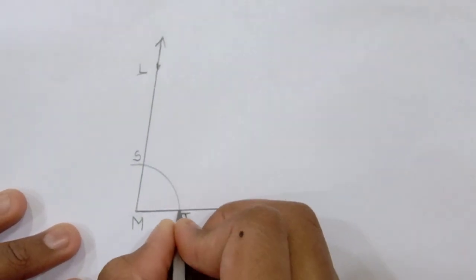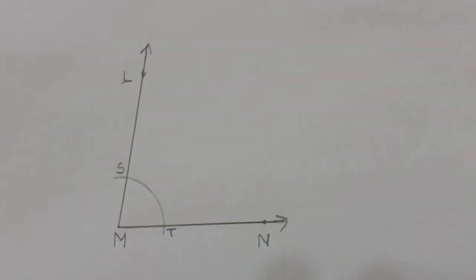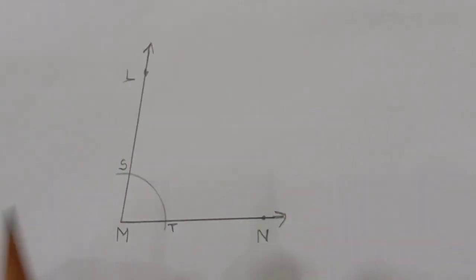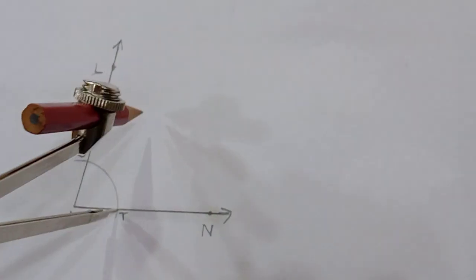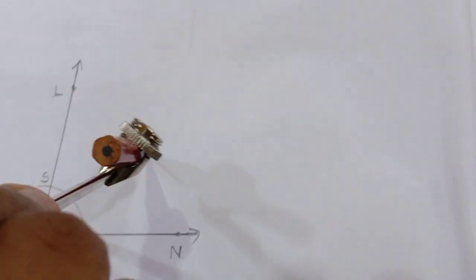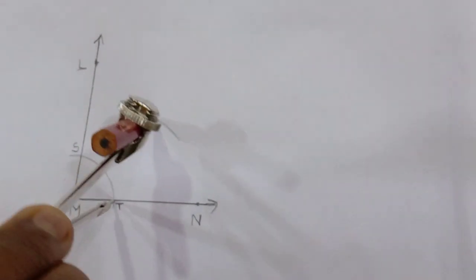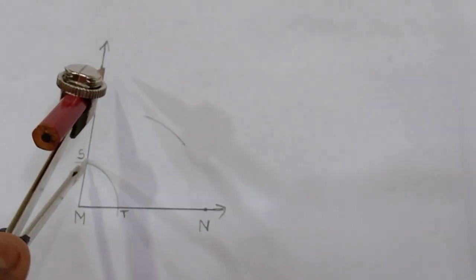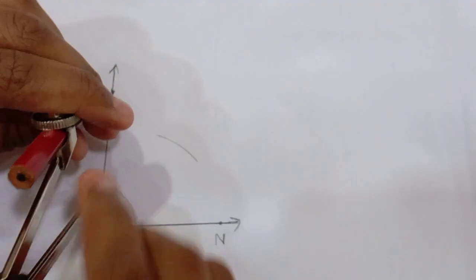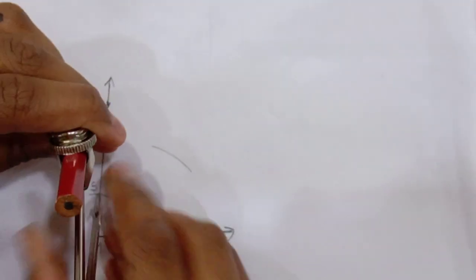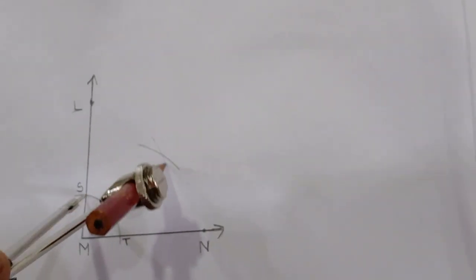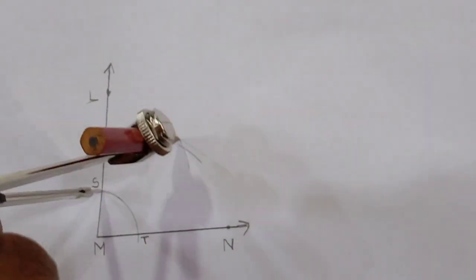ST. Now from here we have to again keep the protractor, extend it up, and then make another, different arc. Now make that arc. Keep it at the S point and make the arc.